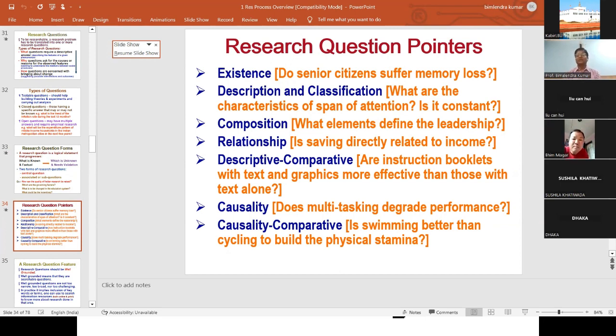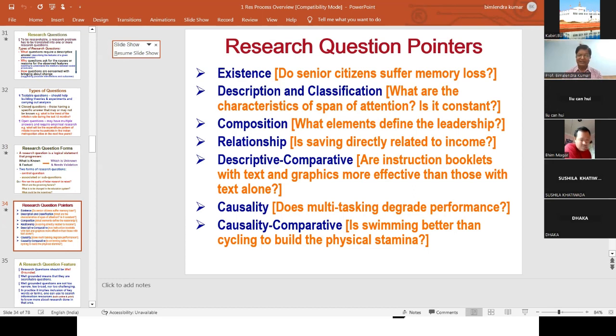So these questions are pointed out. Like existence: do senior citizens suffer memory loss? There are some cases of Alzheimer's, some memory loss taking place in senior citizens. So this can be undertaken.